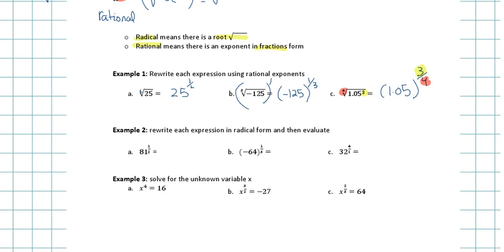Do I need to put the 2 at the front, or can I just write it like this? I can't, because if there's nothing in the root, that means it's a 2, but I don't have to write it. So what's the square root of 81?